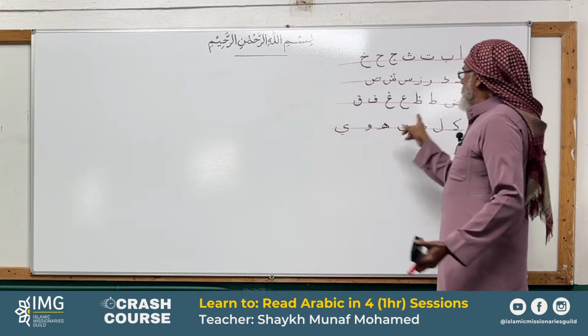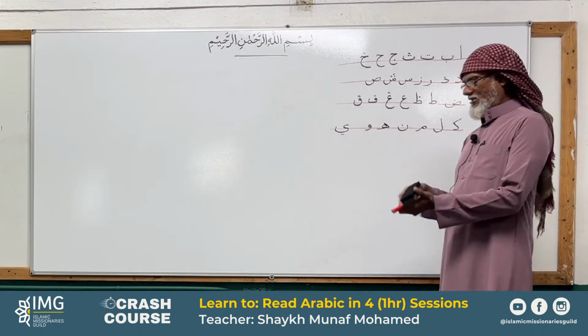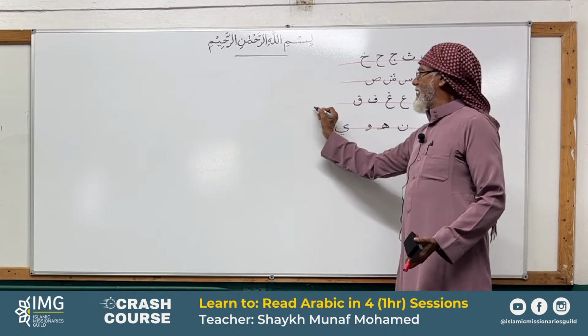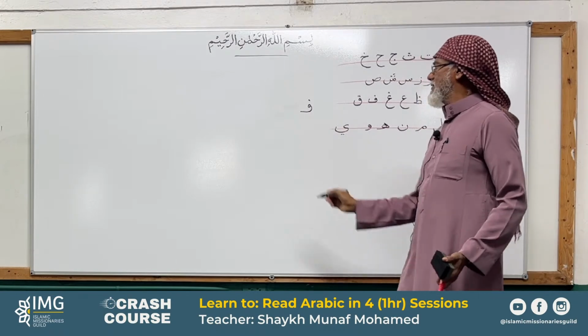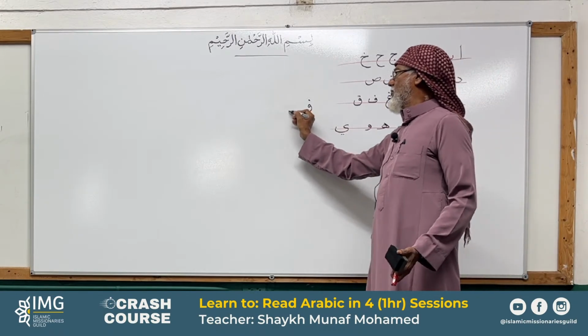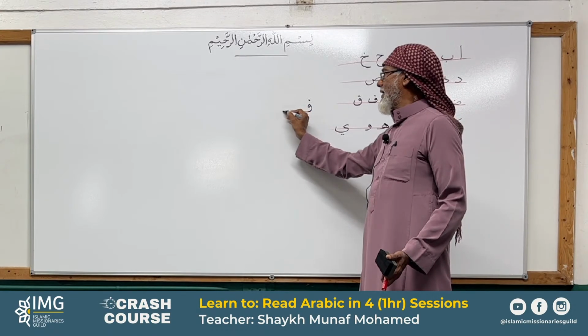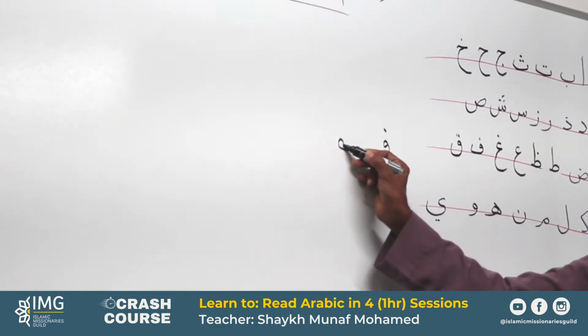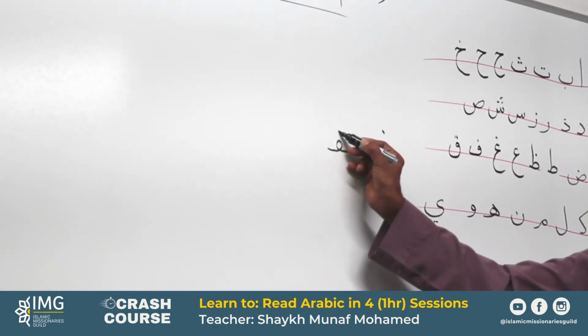All right, so now you have seen the shape of the ain and the ghain and the fa and the qaf. In the beginning of a word, it's like this. If the fa is in the middle of a word, again because of speed, this is my attachment line, and there is a loop, and we go like that, okay, with a dot.